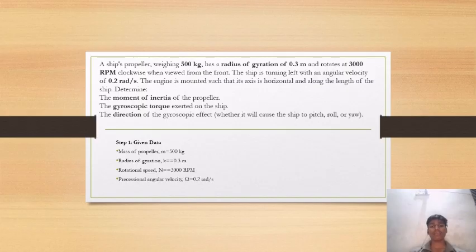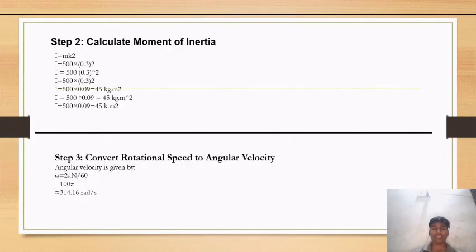Mass of propeller m is equal to 500 kg. Radius of gyration k is equal to 0.3 meter. Rotational speed N is equal to 3000 rpm. Precessional angular velocity ohm is equal to 0.2 radian per second. Let's move on to the next slide. Now let's calculate moment of inertia.